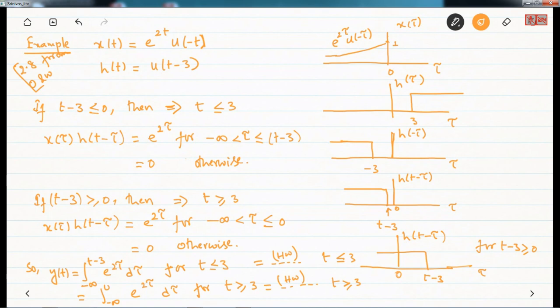This is one of the very standard books on signals and systems. Right. So we are done with all the three examples, and then we'll move on to discuss properties of linear time invariant systems.